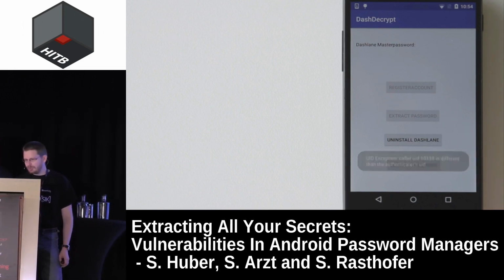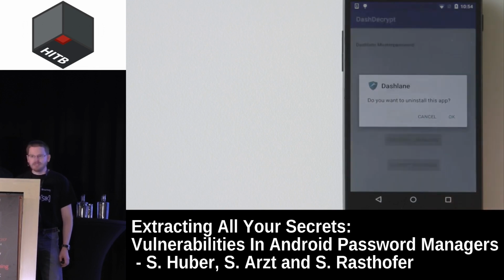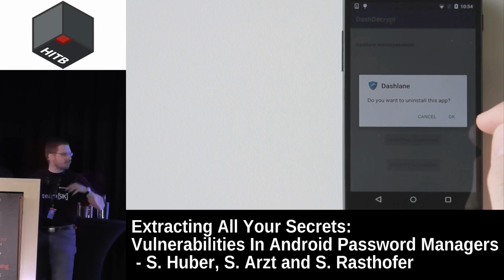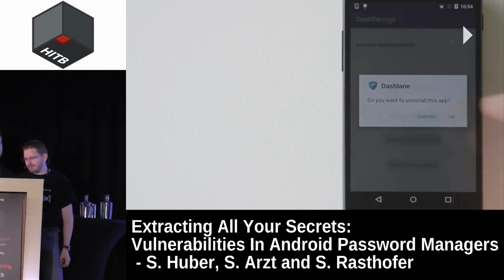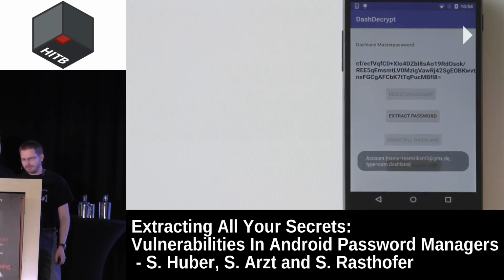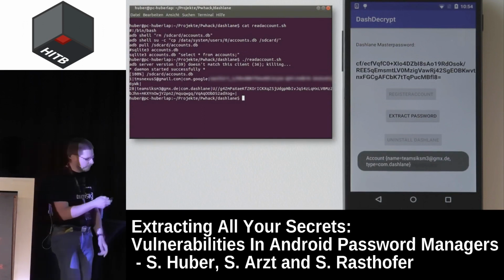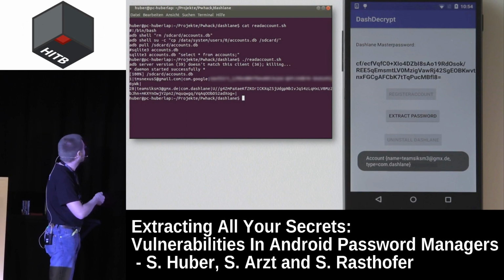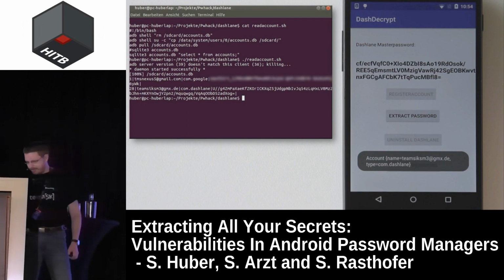Now when we continue, what I'm doing now is uninstalling our target application. So you saw this dashed line, I was configuring, setting my master password, everything, and now I'm uninstalling it. And now I can click on extract the password. As you can see here, my application now shows the same as on the left side.